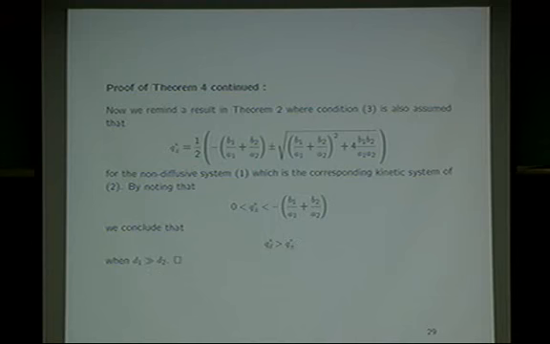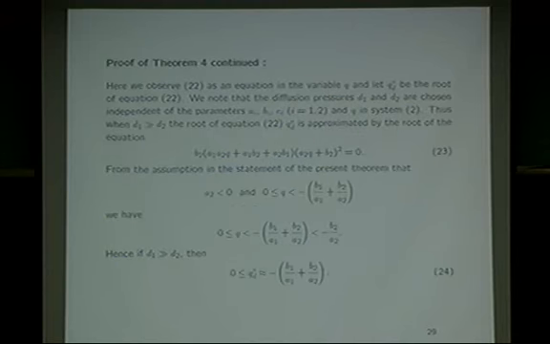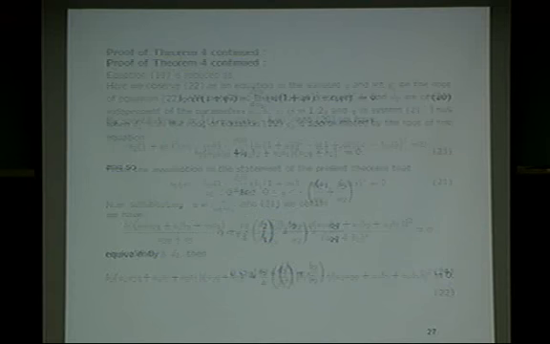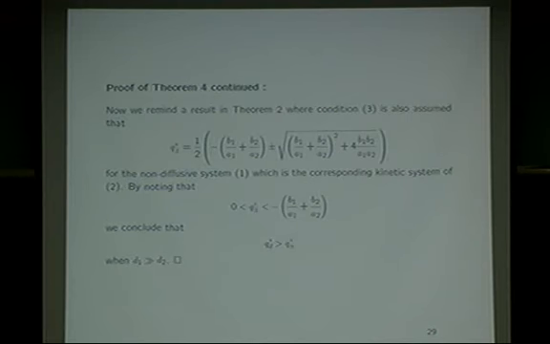So when D1 is large enough compared to D2, so that this ratio is very small, almost 0, the parameter value of the diffusion case is larger than the parameter value for the non-diffusive case. Okay. So that was the second effect of the diffusion rates for the Holling type predator-prey system.